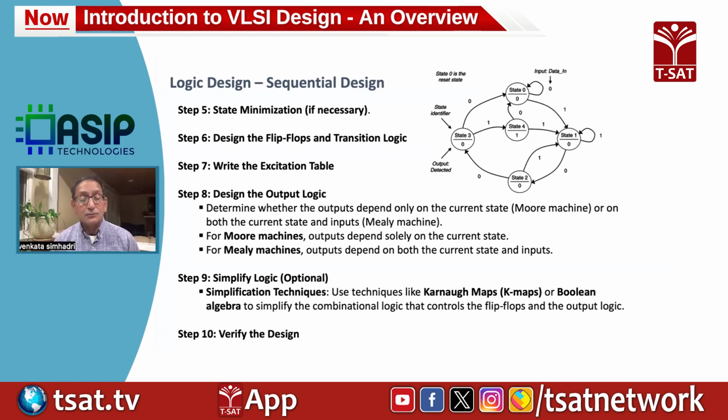Then final step, you have to optimize the whole thing as much as possible to use the minimum number of gates. We already talked about Karnaugh maps and how it is done. And the final step is to verify the design. You have to simulate it and make sure it is meeting your functionality and also performance requirements.